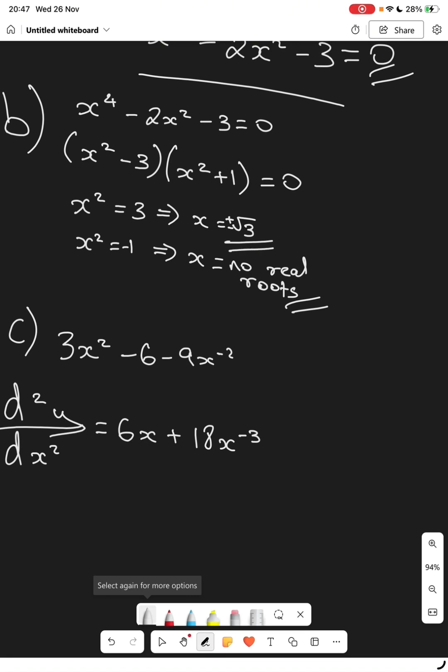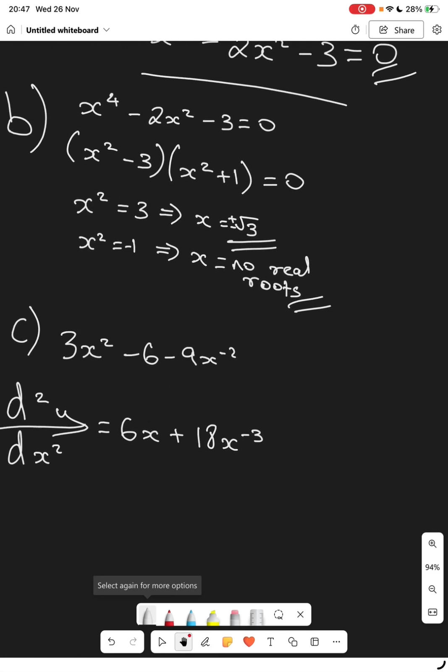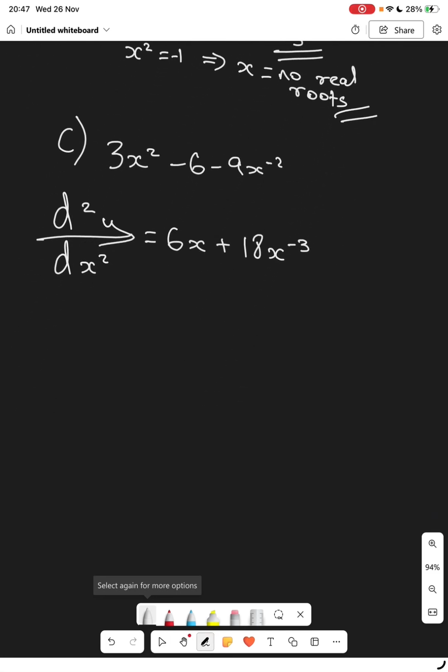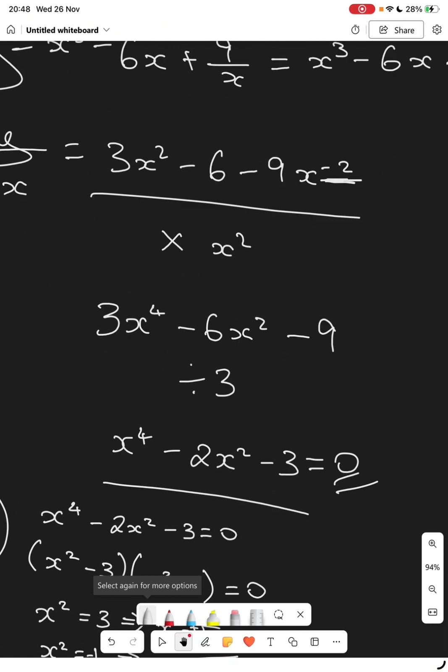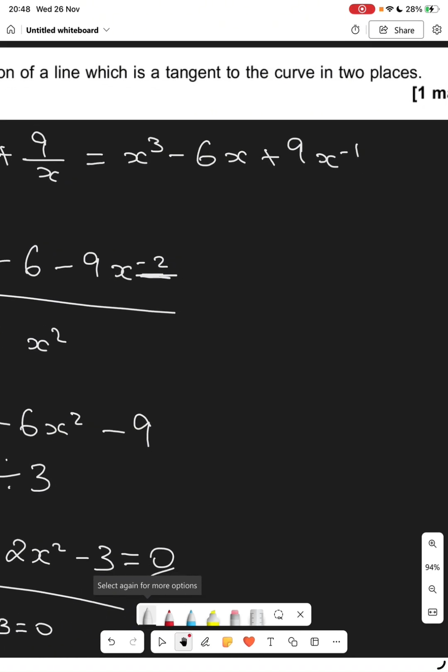So we got 2 solutions: x equals root 3 and x equals negative root 3. So what we can do here is find out if it is minimum or maximum. So we can put it into the original equation.